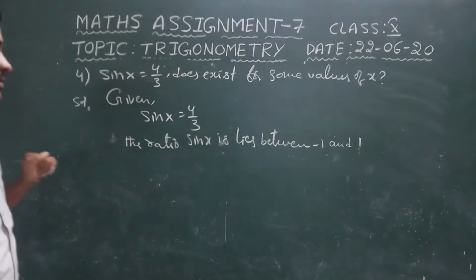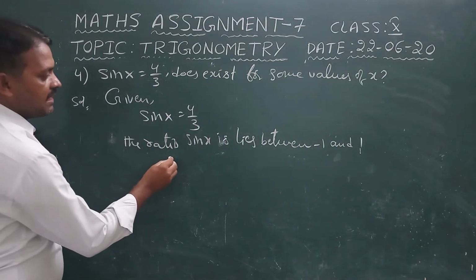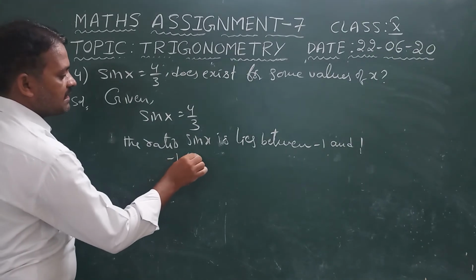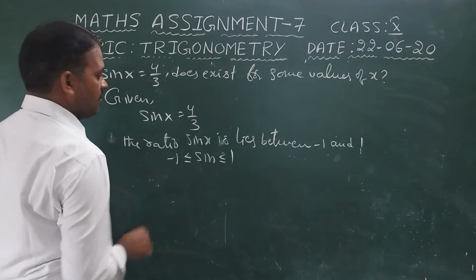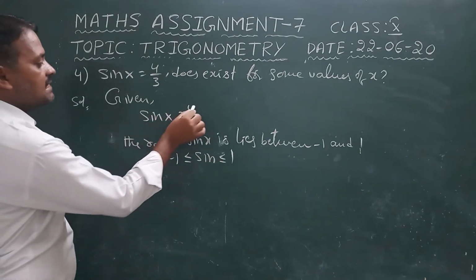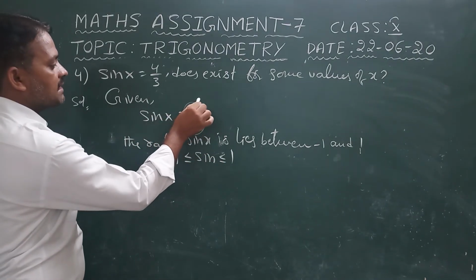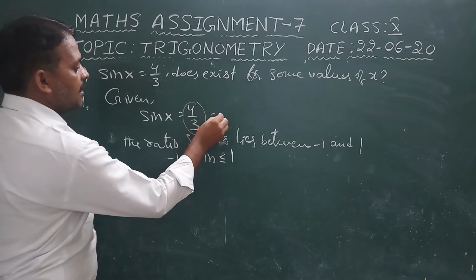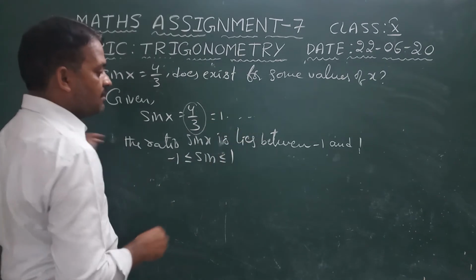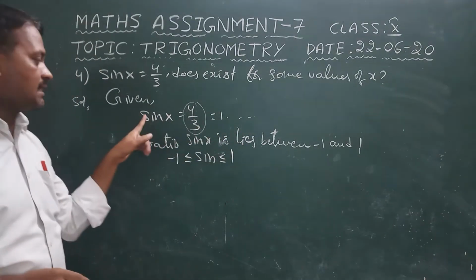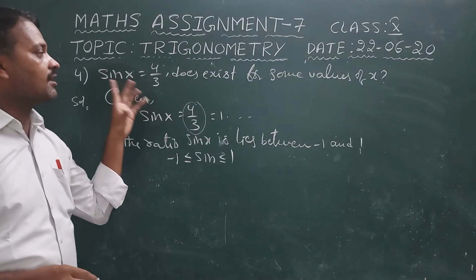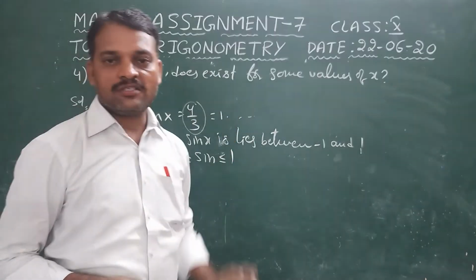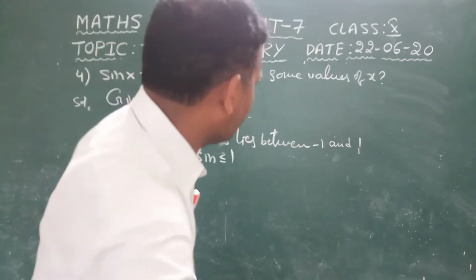So minus 1 is less than or equal to sin x, which is less than or equal to 1. But sin x equal to 4 by 3 is 1 point something, which is more than 1. So that's why the sin x value 4 by 3 does not exist for any value of x. So this is about the fourth question.